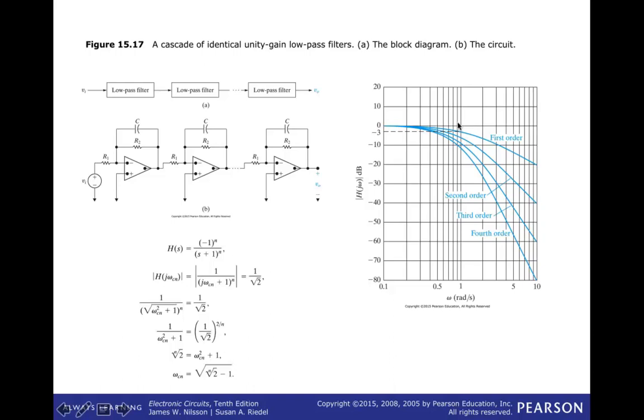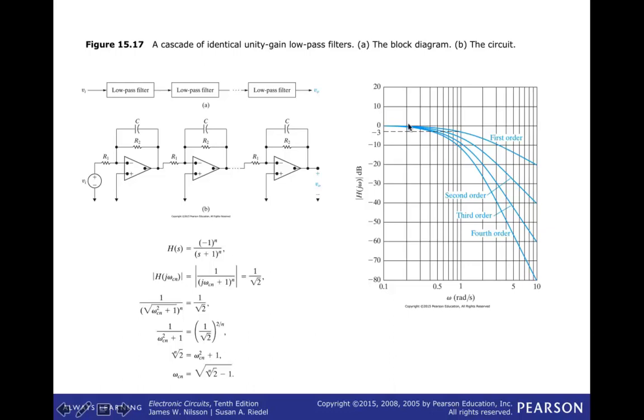So that's where the two asymptotes for the high frequency and the low frequency behavior meet on a low pass filter, at the breakpoint. And then the actual curve, of course, is somewhat below that, because remember the asymptote is an approximation that holds in either limit, the low frequency limit or the high frequency limit.